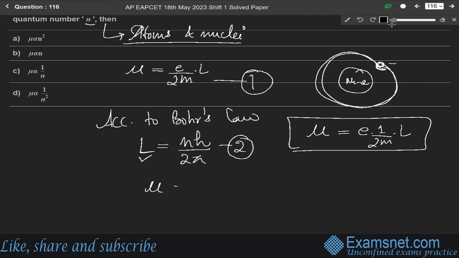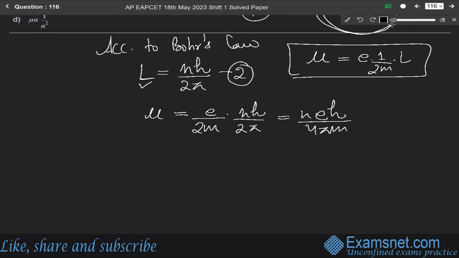We get magnetic moment mu is equal to e over 2m into nh over 2 pi. So it will be equal to neh over 4 pi m. This mu now becomes neh over 4 pi m.